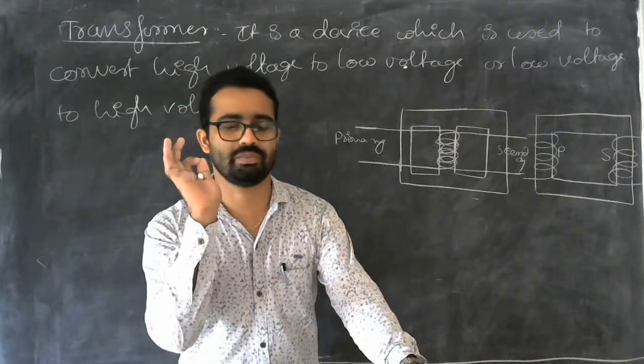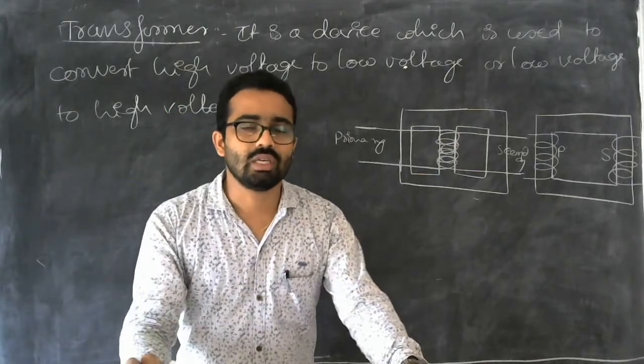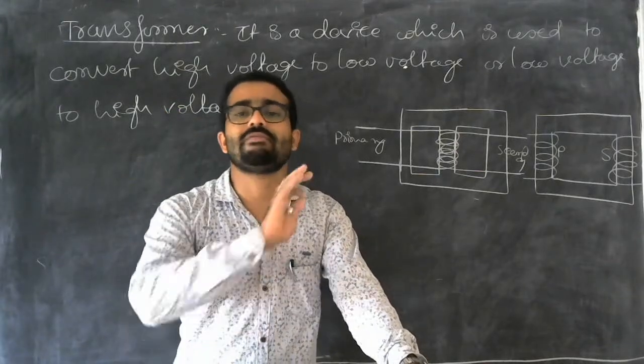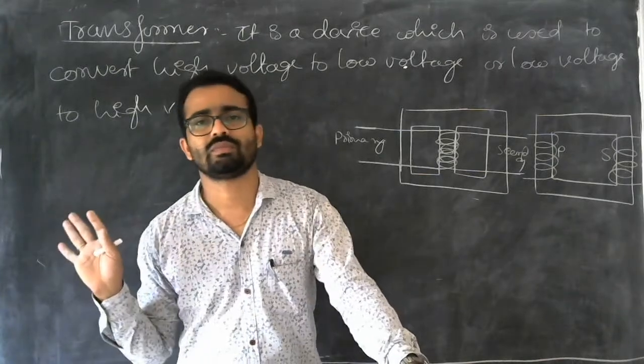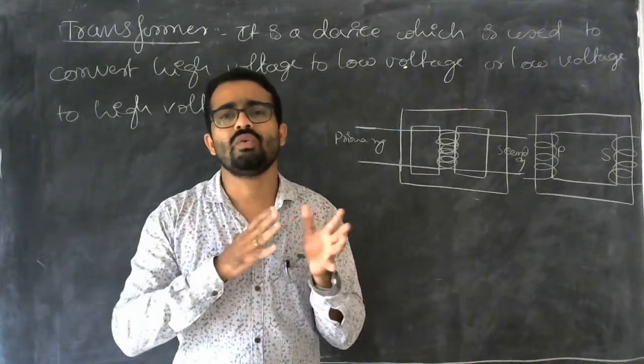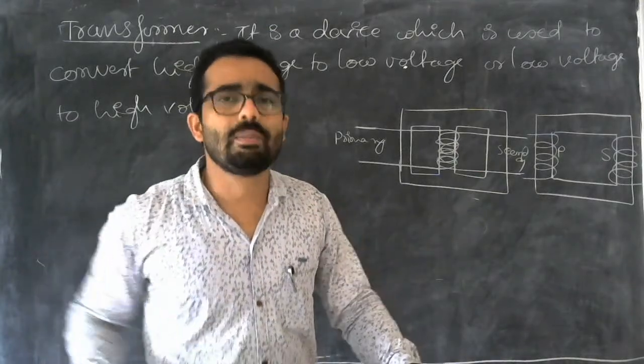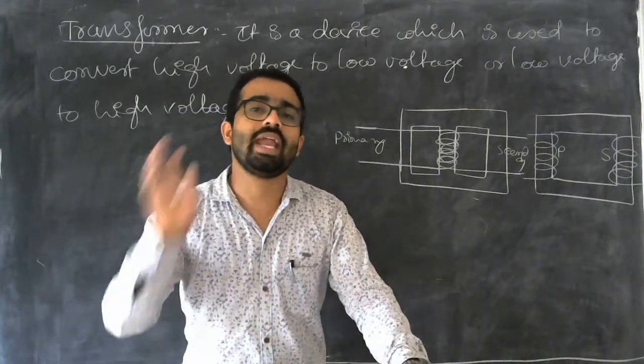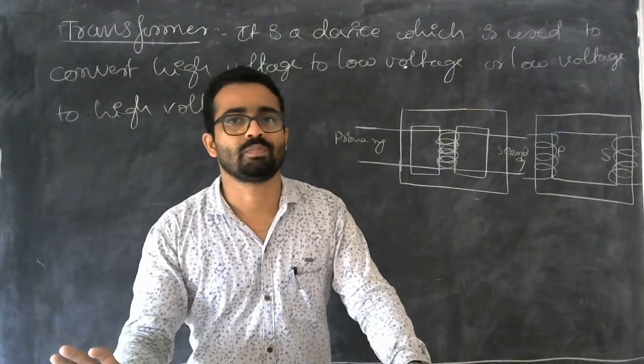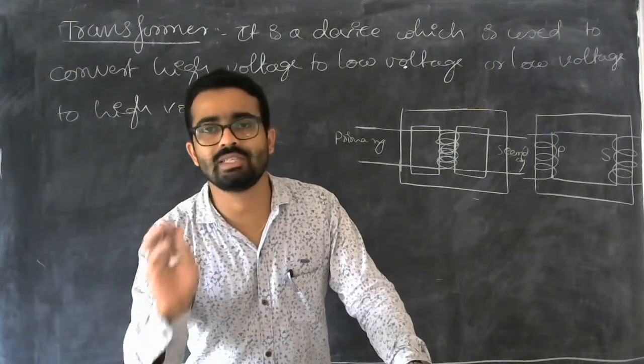This is the one point. Second point, there will not be any magnetic flux leakage. Third point is there will be no eddy currents. So I told you 3 points.